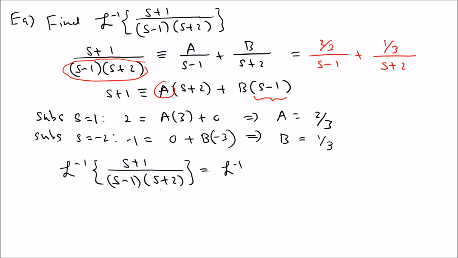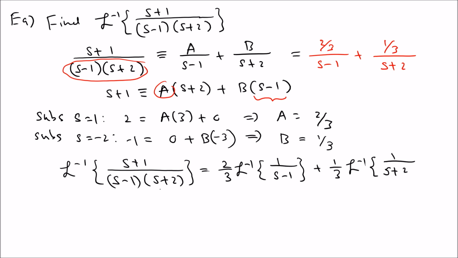What we normally do is leave the constant out. So it is 2/3 times the inverse Laplace transform of 1 over (s minus 1), plus 1/3, whatever the constant, take it out with the sign, times the inverse Laplace transform of 1 over (s plus 2).